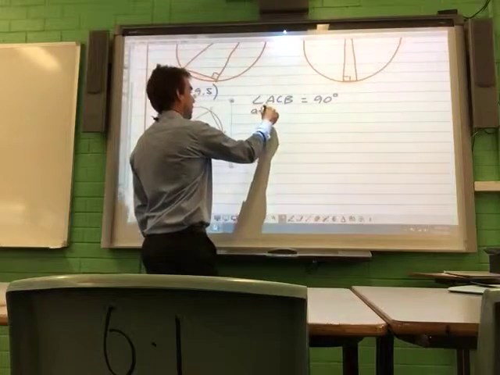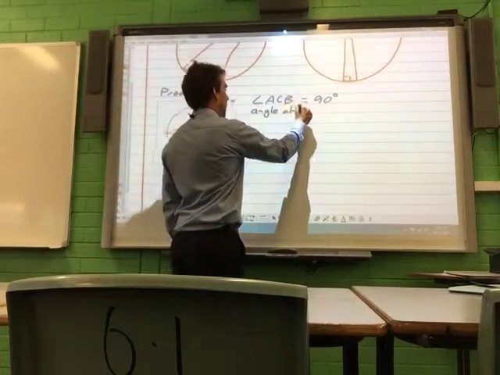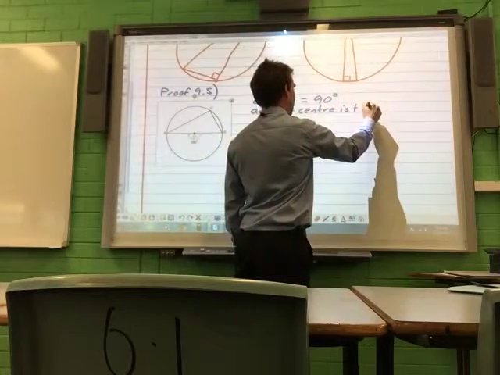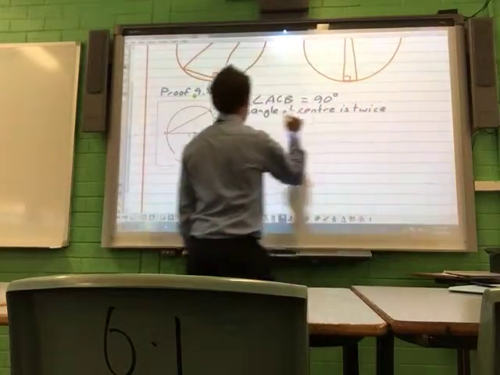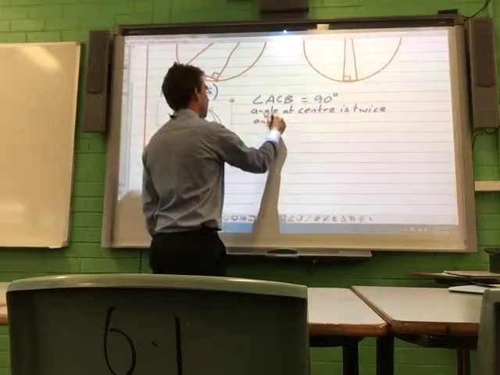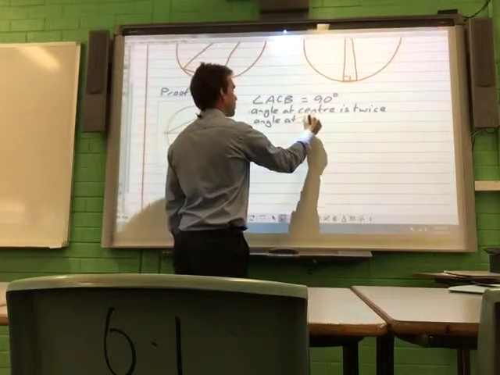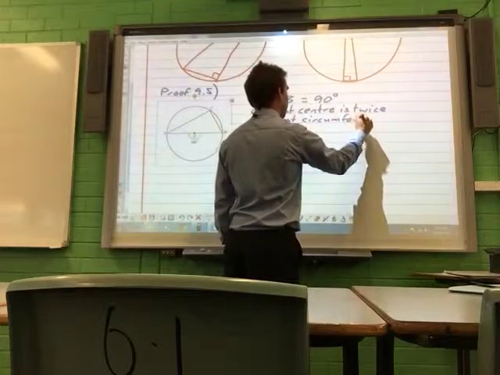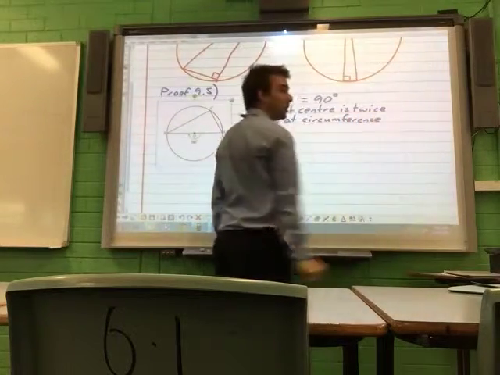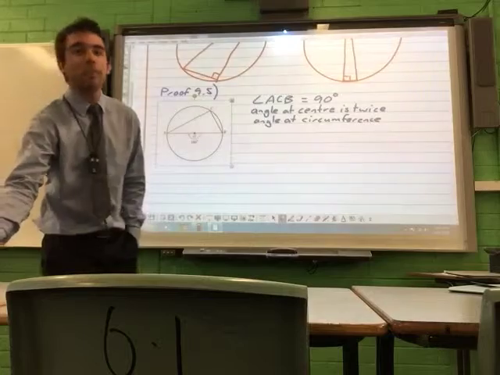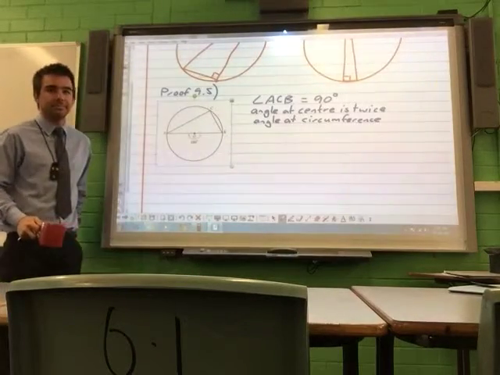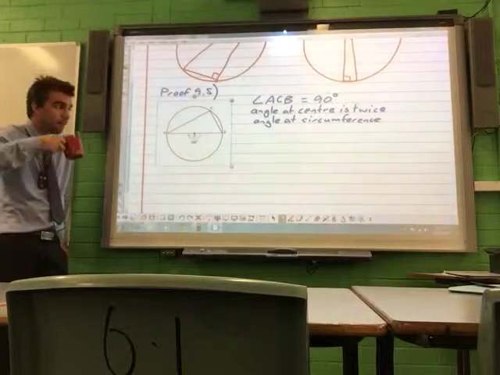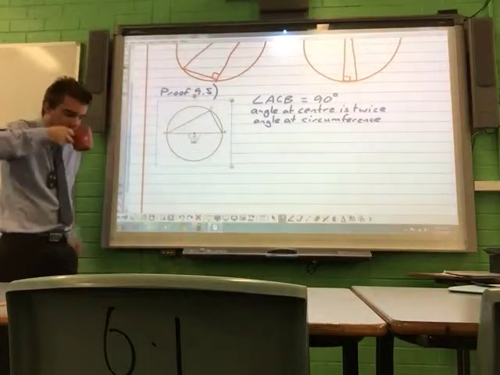Why? Angle at the centre is twice. This is one of the properties that will show up time and time again, so we need to make sure we know what it is and how to apply it.